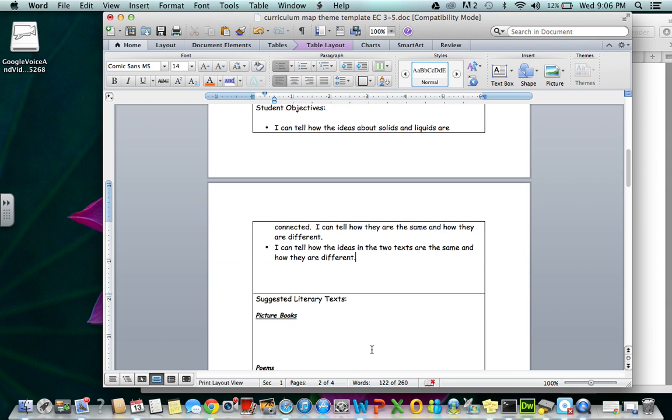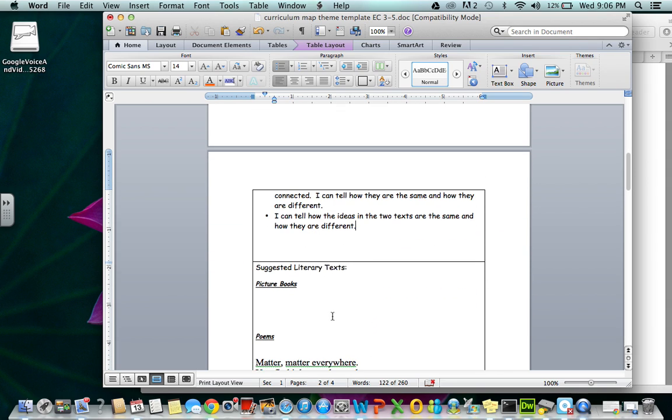All right, so now I've got to find my texts. So what I did was I picked out some picture books that went along with my content. I also looked through these books to see if there were some things that could be compared between two different texts and things that could be compared within texts.